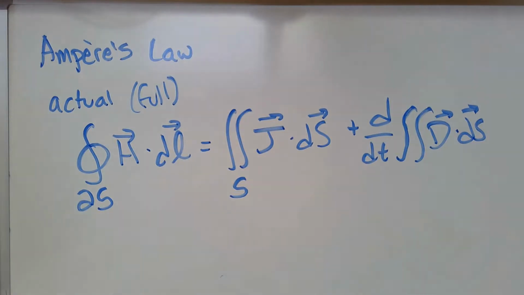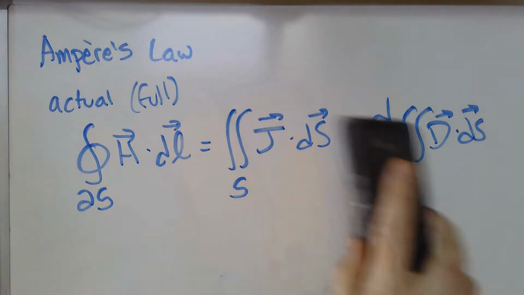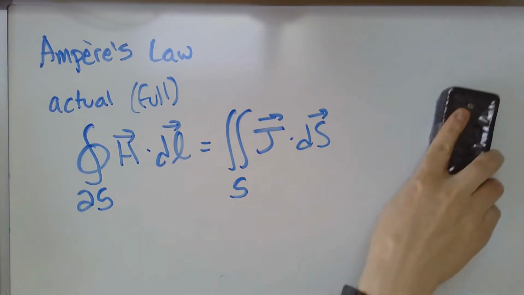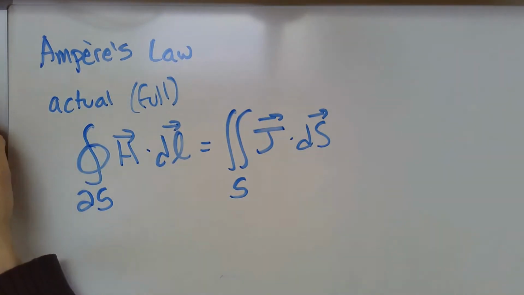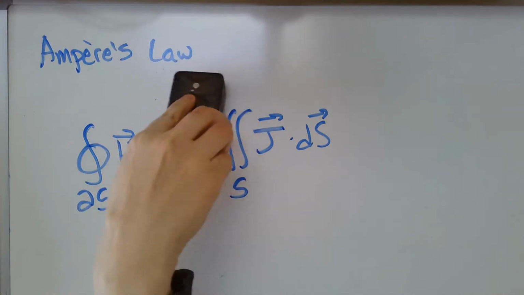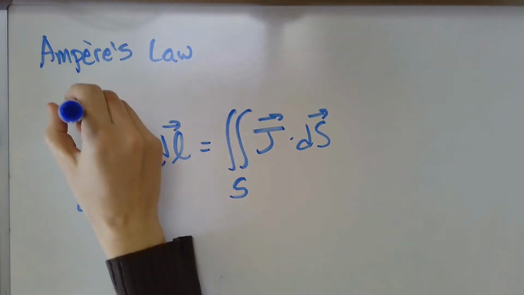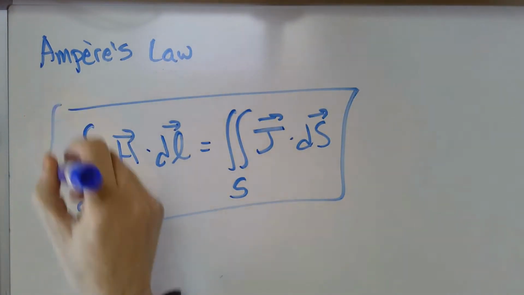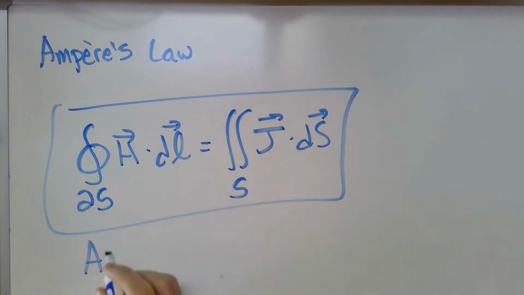Now, this is the only time I'm going to talk about it in this form today because we are assuming that nothing is time varying here, so we're just going to take away this term and only talk about this. When it doesn't have that time varying term, this version is called Ampere's circuital law.